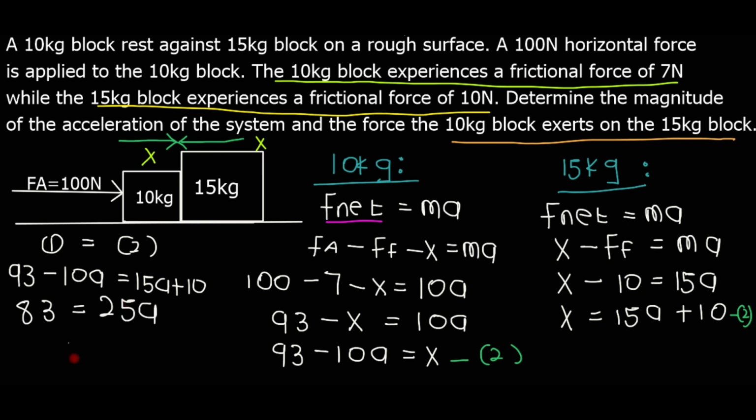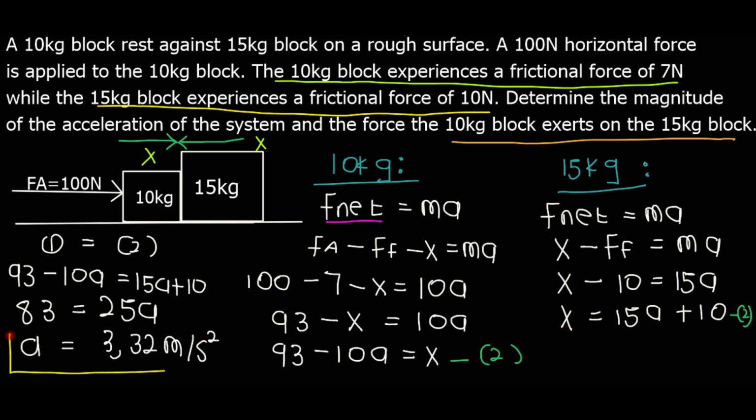From there, because we want the acceleration, we divide both sides by 25, and that gives us an acceleration of 3.32 meters per second squared.